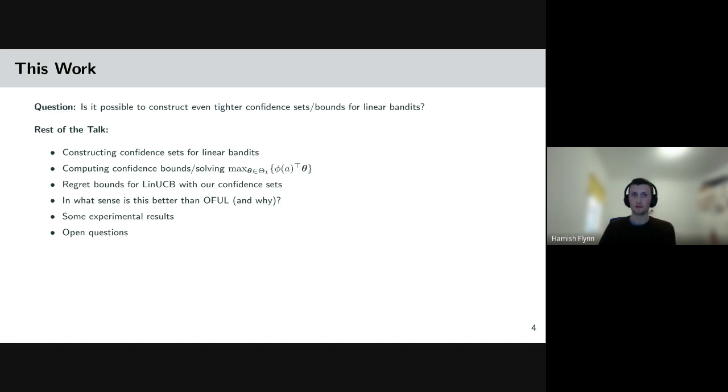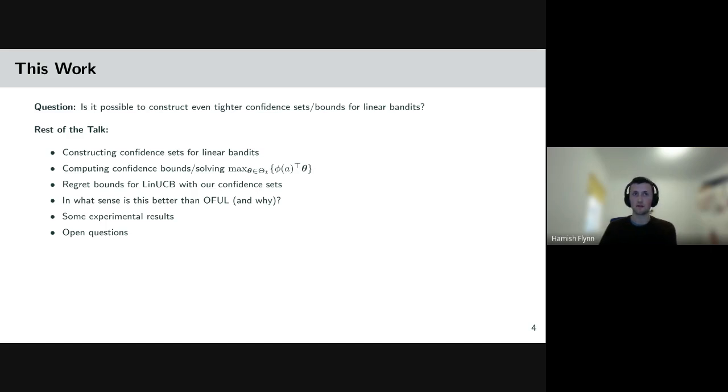So first, I'm going to describe our method for constructing confidence sets for linear bandits. First, I'm going to describe the whole approach somewhat broadly, and then go through some bits of it in more detail. And since we want to use these confidence sets in LinUCB, we also need to think about how we compute and maximize the corresponding confidence bounds. So that's the next thing on the agenda.